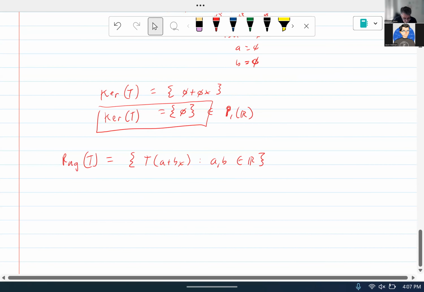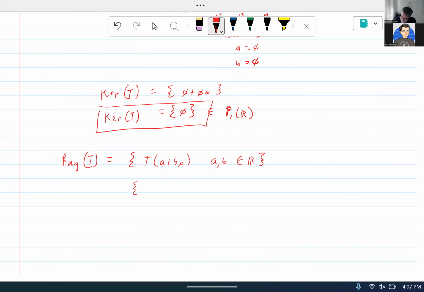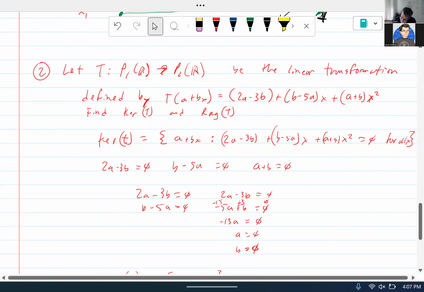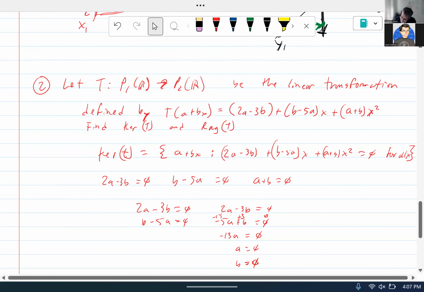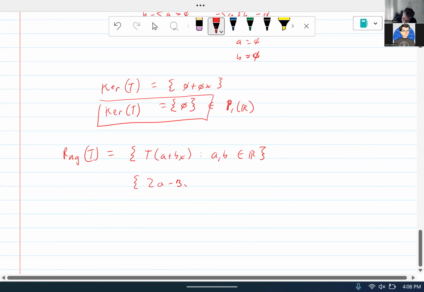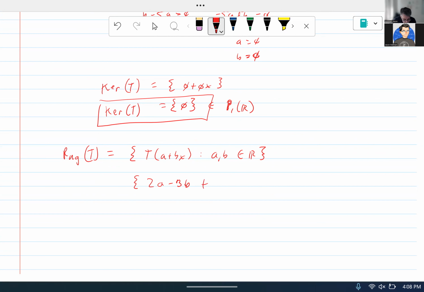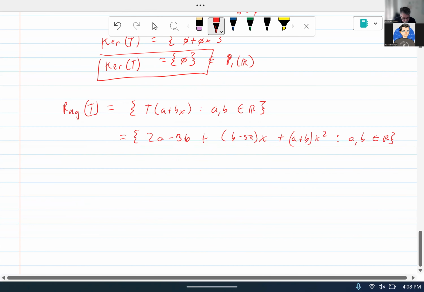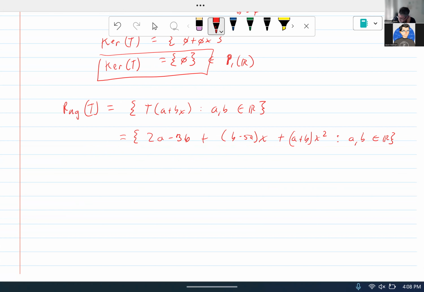Well, the way the transformation is defined, the output is going to be 2A minus 3B plus B minus 5A X plus A plus B X squared, such that A and B are elements of R. So let's distribute and collect on A and B. This is 2A minus 3B plus BX minus 5AX plus AX squared plus BX squared, where A, B are elements of R.